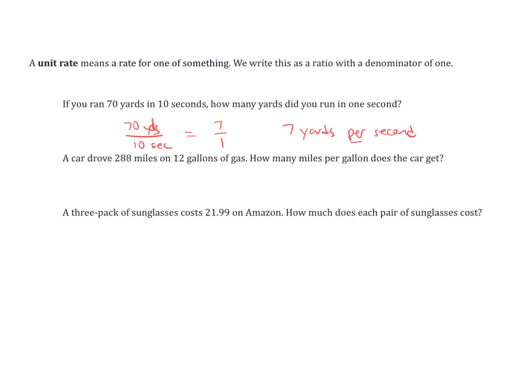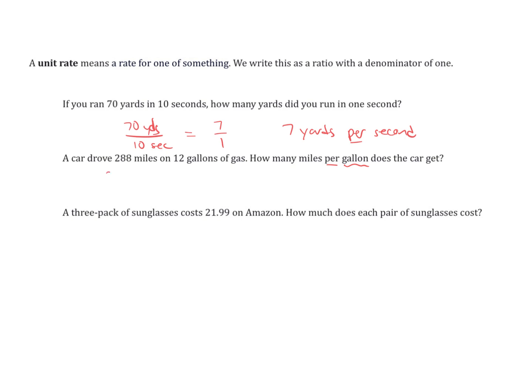A car drove 288 miles on 12 gallons of gas. How many miles per gallon does the car get? Just like in the example before, per is kind of a key word to divide. We divide by what comes after per. When it says per gallon, I'm going to divide by gallons.